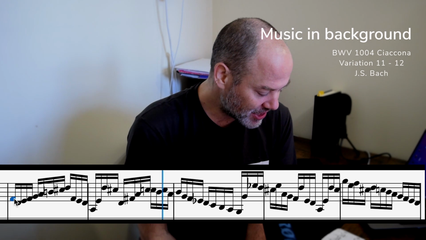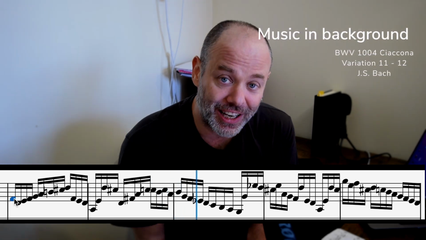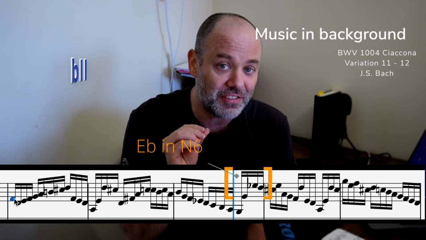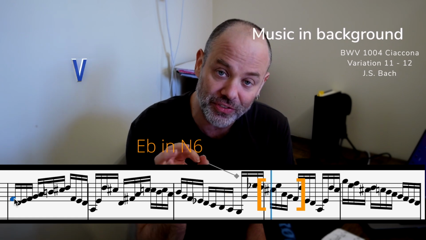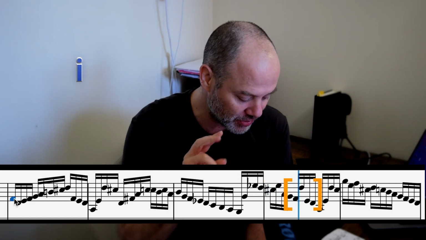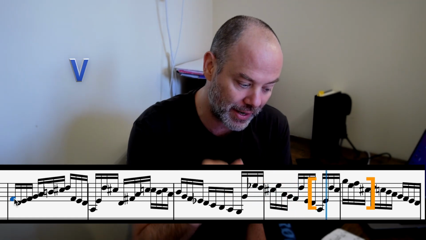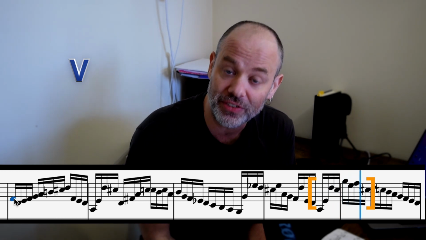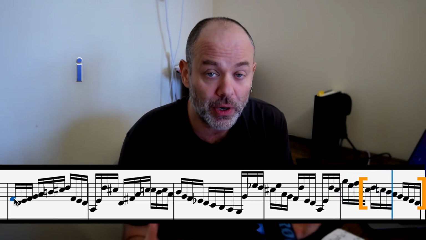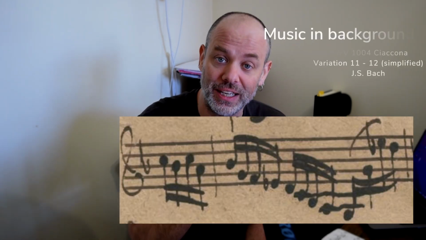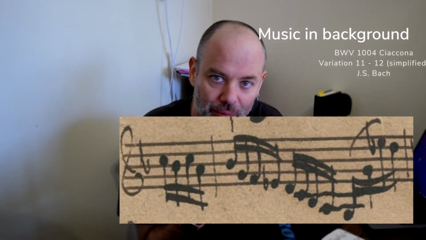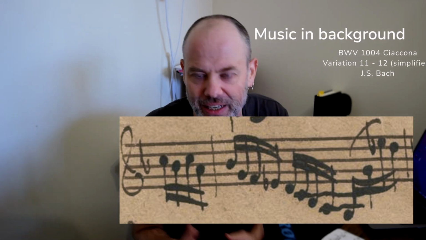So that by the time we get to variation 11, Bach has set up that E flat, and he uses it for the first time going 2, 5 and 1 from variation 11 to variation 12. Super fantastic use of the Neapolitan 6th, and he's spelt it out fully for us in the violin and for us on the guitar, where we can hold the bass notes and cheat a little bit, which the violin can't do.